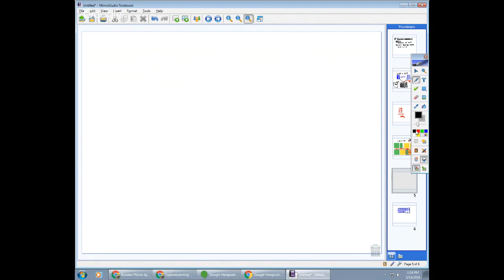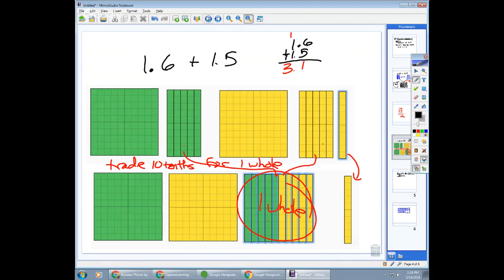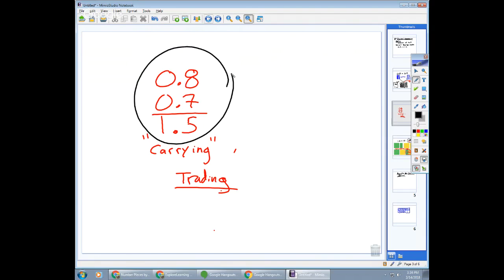Oh, before subtraction, that model leads to an algorithm. So this is my algorithm right here.